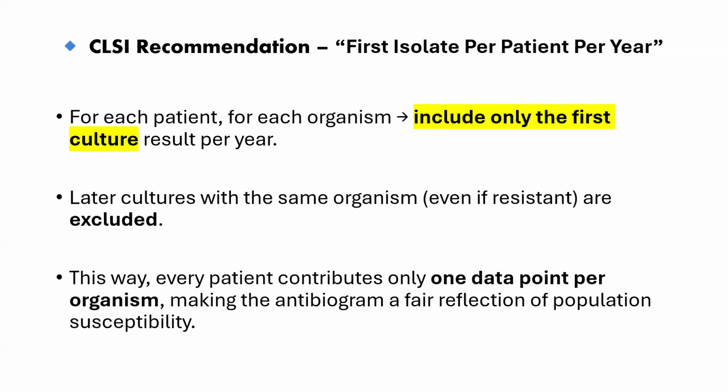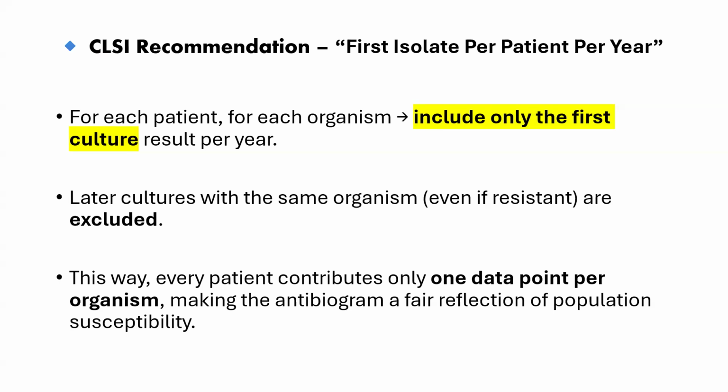This recommendation from the CLSI often causes confusion: first isolate per patient per year. So I will discuss it and make it more clear for you now. The principle is that for each patient and for each organism, we only include the first culture result per year in the antibiogram. This means that if the same patient grows E. coli multiple times in the same year, we only count the first isolate.